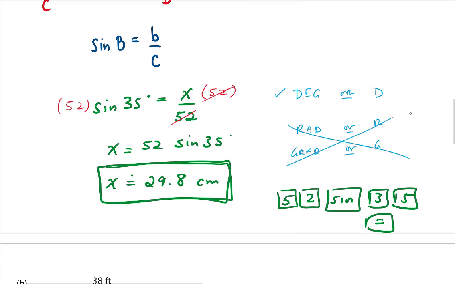Some calculators work backwards, and you might have to type in 52 times 35 sine and equals. So that depends on your calculator. Again, if you're having troubles, you need to contact me right away so we can figure that out.